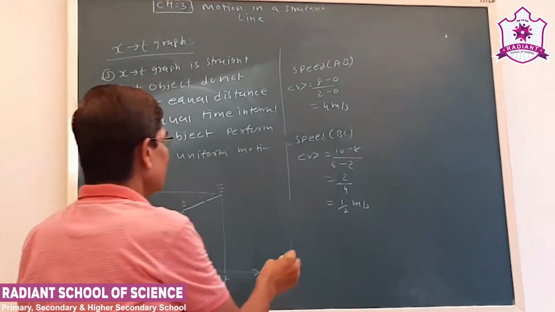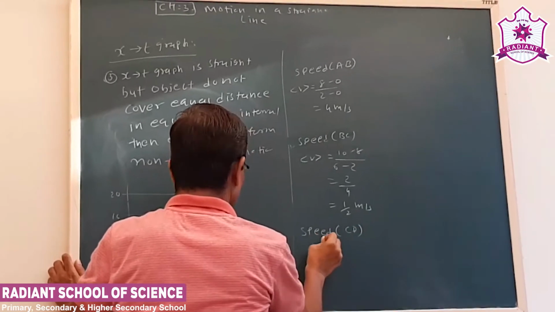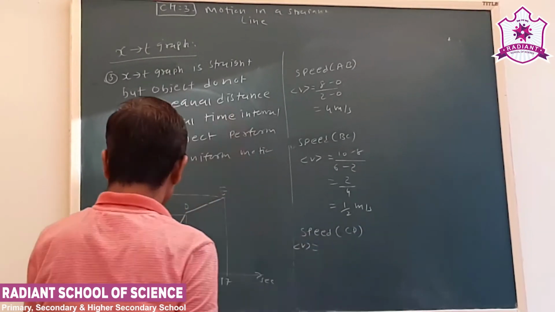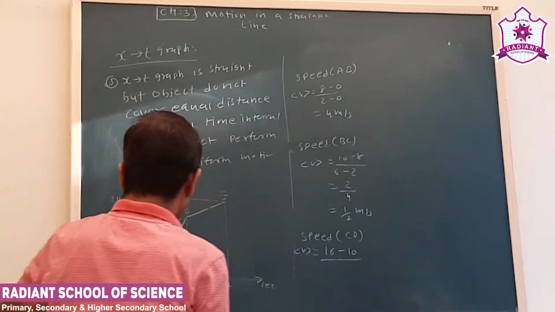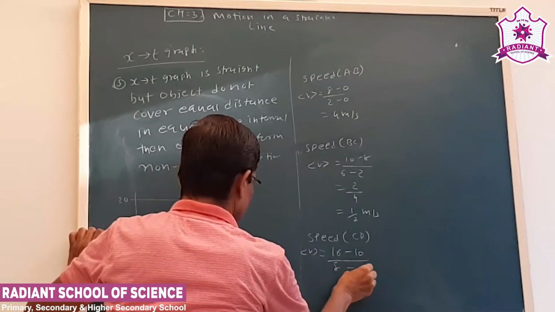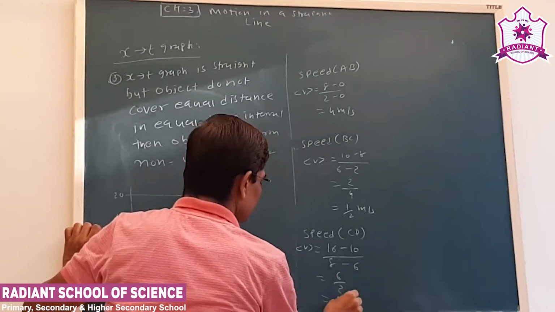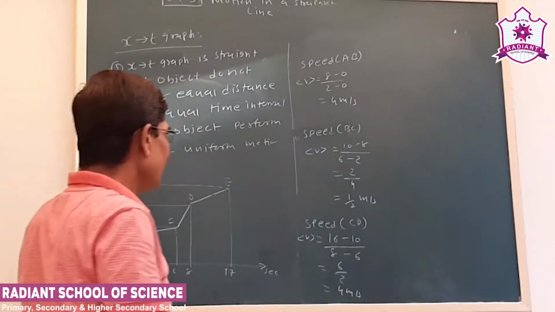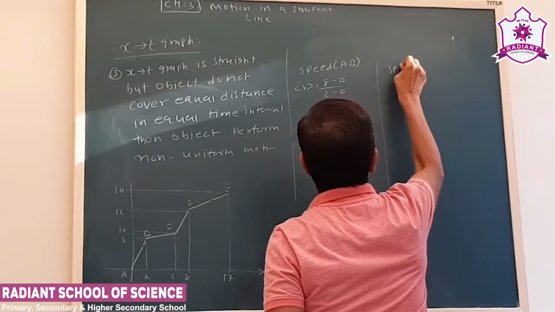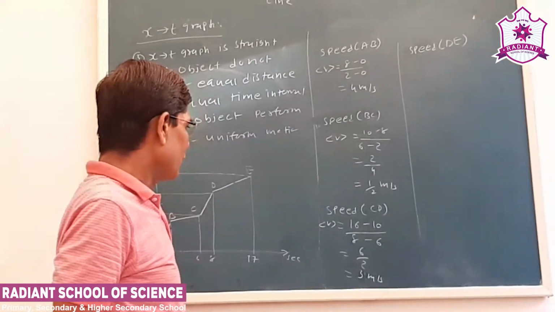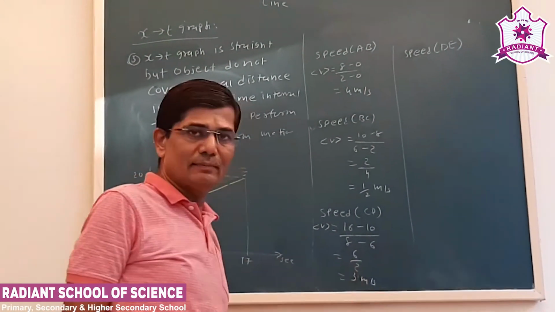Now in the CD part, the average speed will be. Now the DE part, here see 16 minus 10 will give 6, 8 minus 6 is 2, that is 3 meter per second.